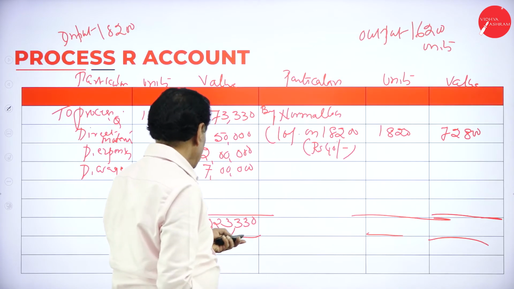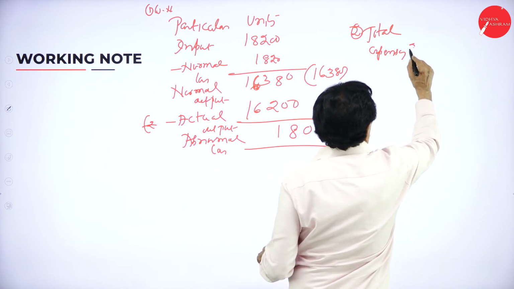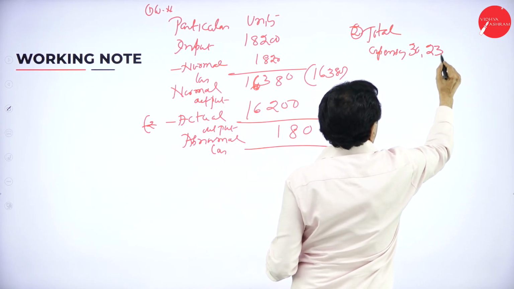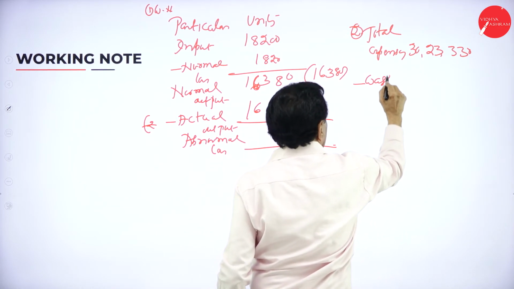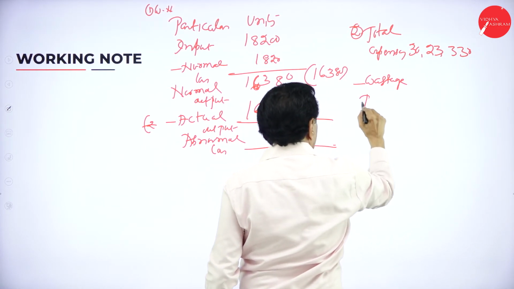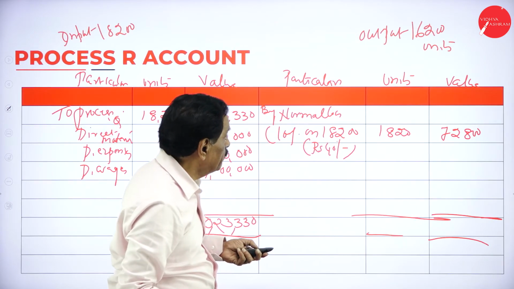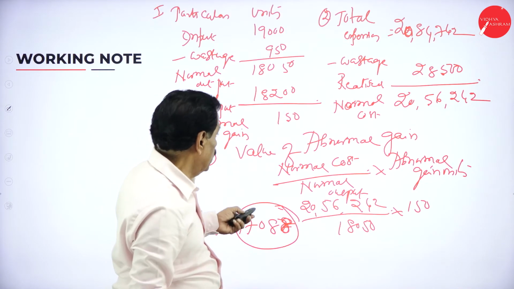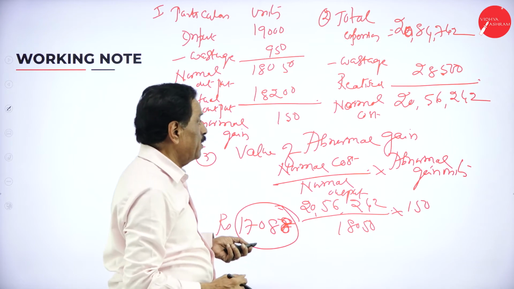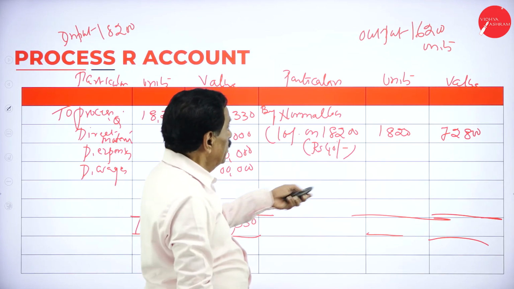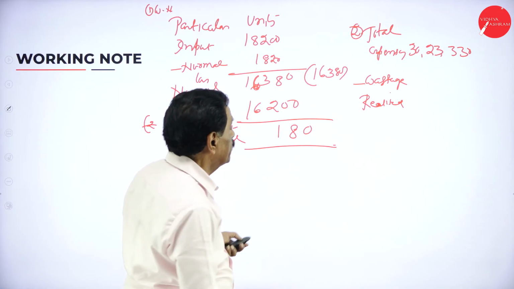Total expenses, 30 lakh 23,330, minus wastage realized on normal loss, which is 72,800.